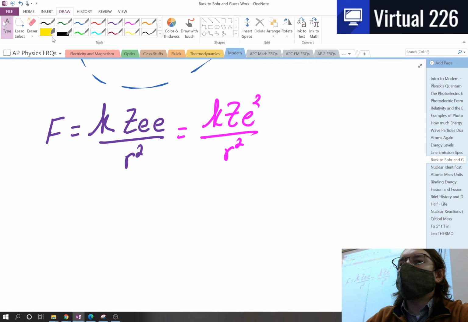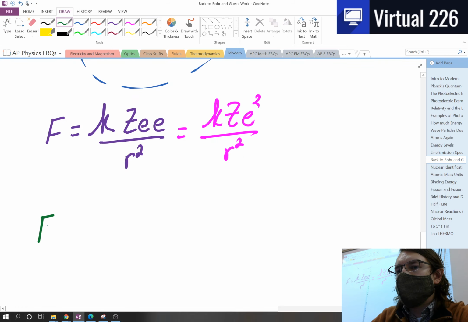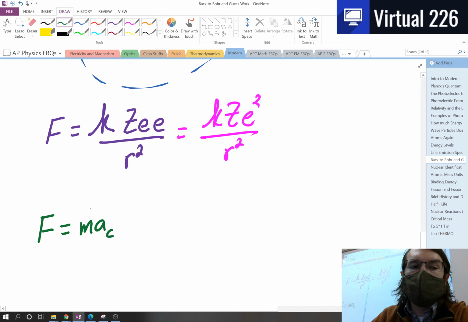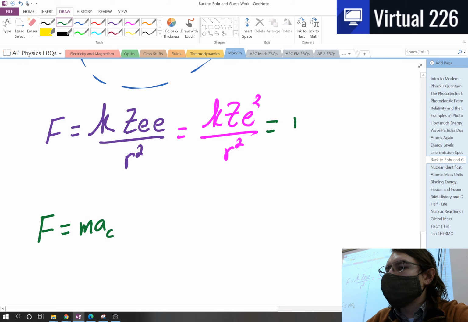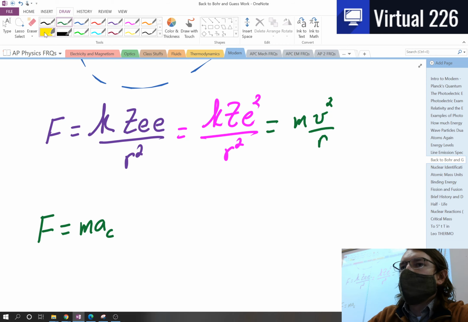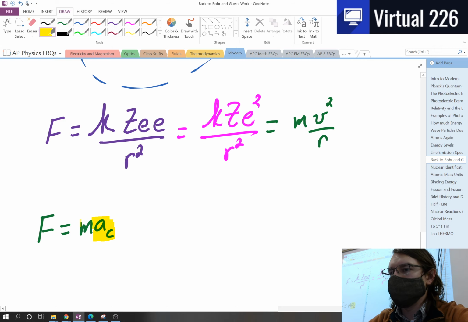Now, if you recall, for circular motion, F also equals, just in general, ma. And for circular motion, that's a centripetal acceleration, which means that we can say this is equal to m v squared over r, because v squared over r is a centripetal acceleration.